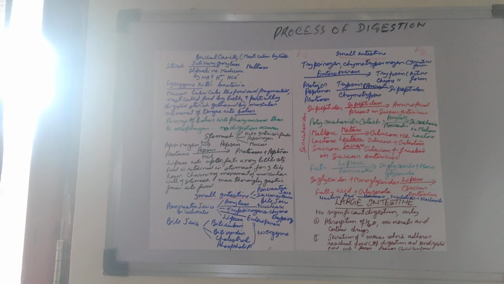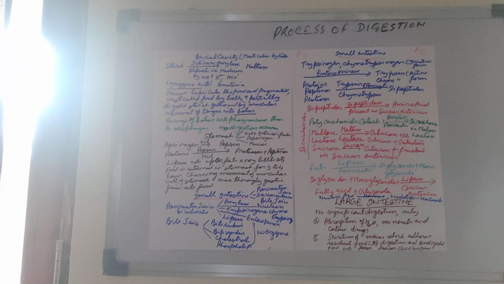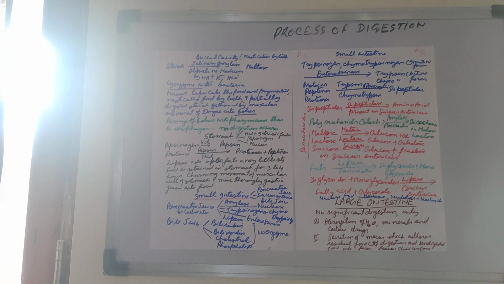Lactose is acted upon by lactase and converted into glucose plus galactose. Sucrose is acted upon by sucrase and converted into glucose and fructose. All these, glucose, fructose, galactose, are monosaccharides and they can be absorbed as such.